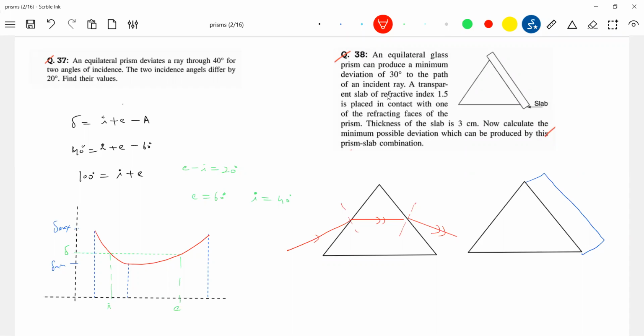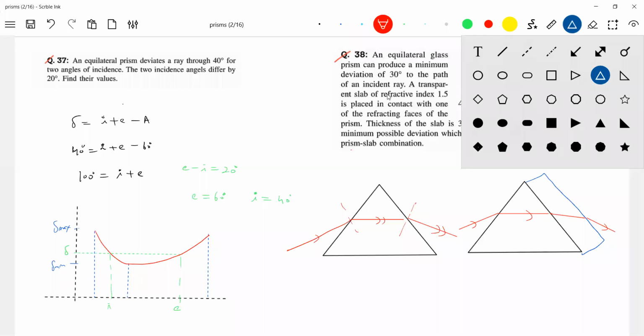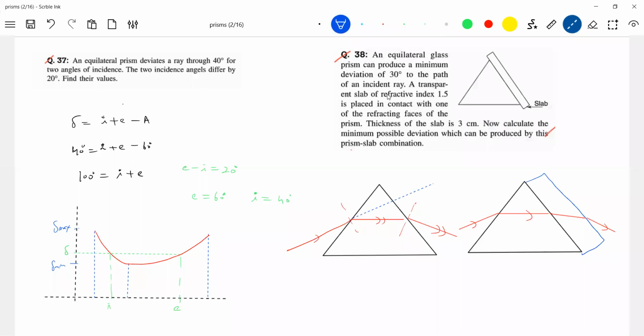This diagram may appear a little bit different, but the idea will be the same. Here it will undergo refraction, everything, so finally it will come out. If you calculate the deviation part, these two deviations will be the same.